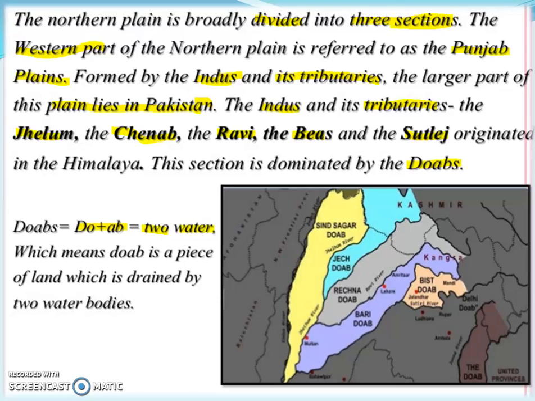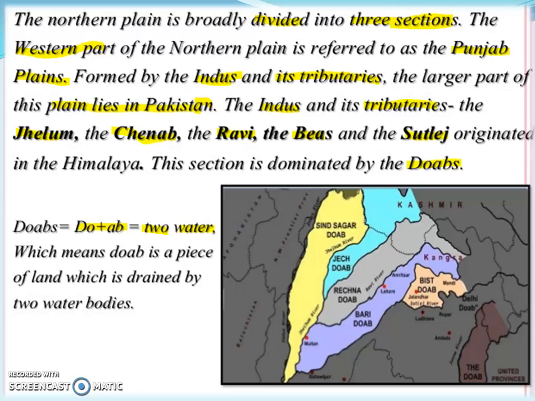The tributaries of the Indus like Jhelum, Chenab, Ravi, Beas, and Satluj originate from the Himalayas and always provide water or irrigation facilities to the Punjab Plain. This is the most fertile area of the Northern Plains.